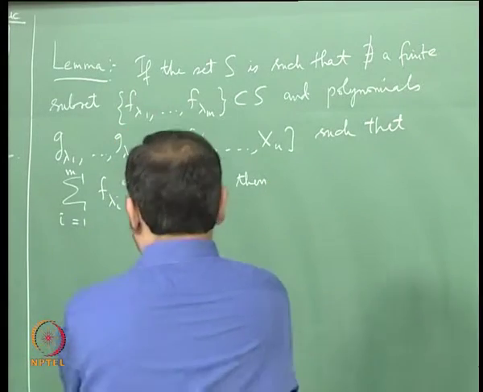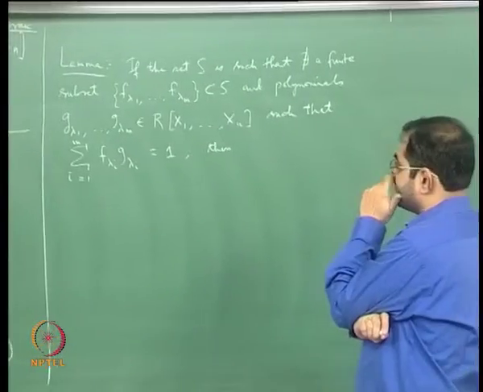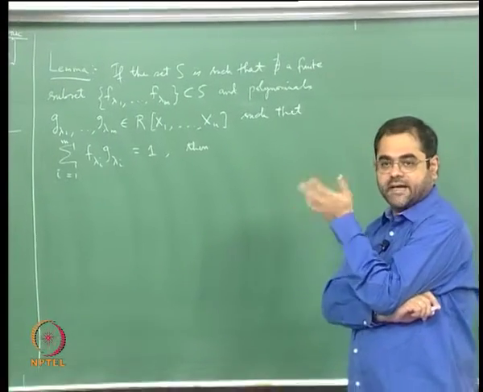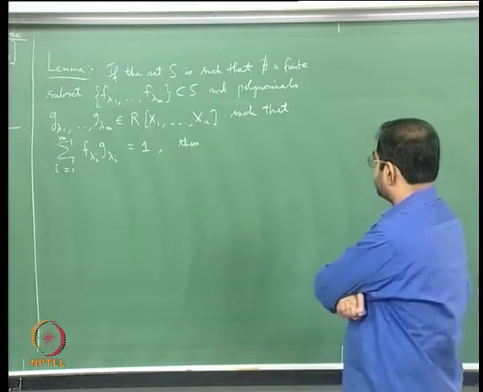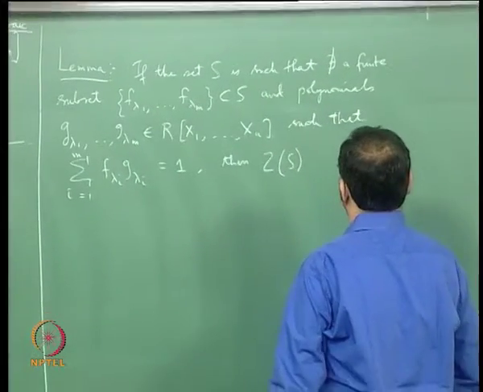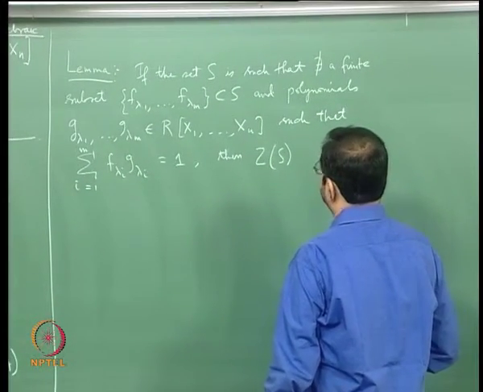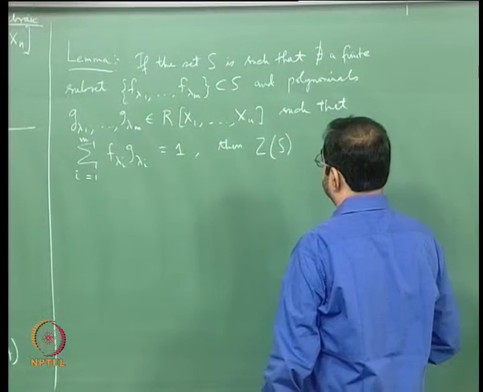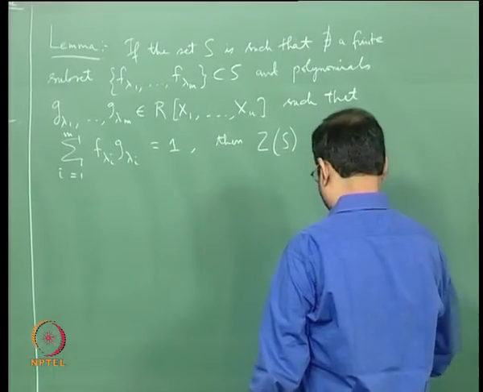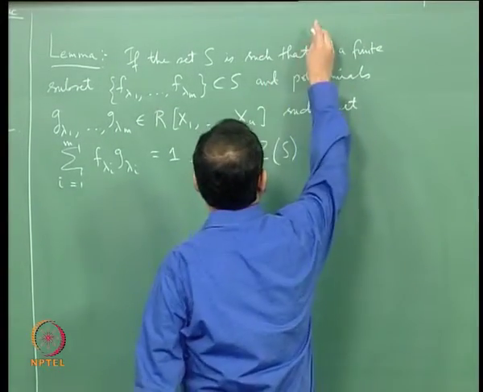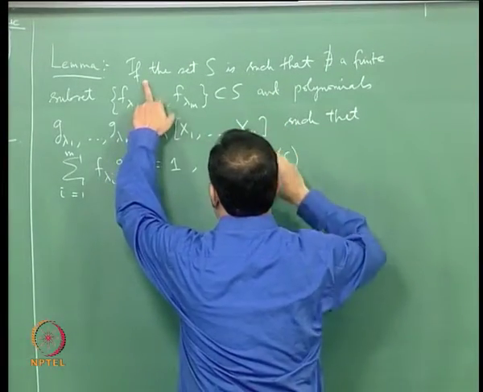There is one part of the lemma which is very trivial, and the other part of the lemma is actually the Nullstellensatz when R is an algebraically closed field. So let me say that correctly. I have to modify this statement a little bit. Let me make a small modification.